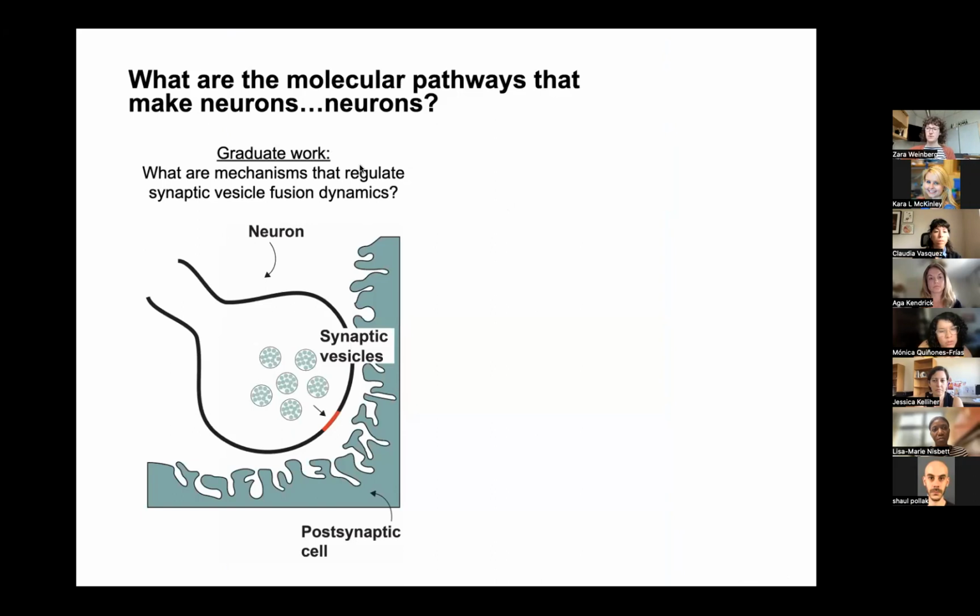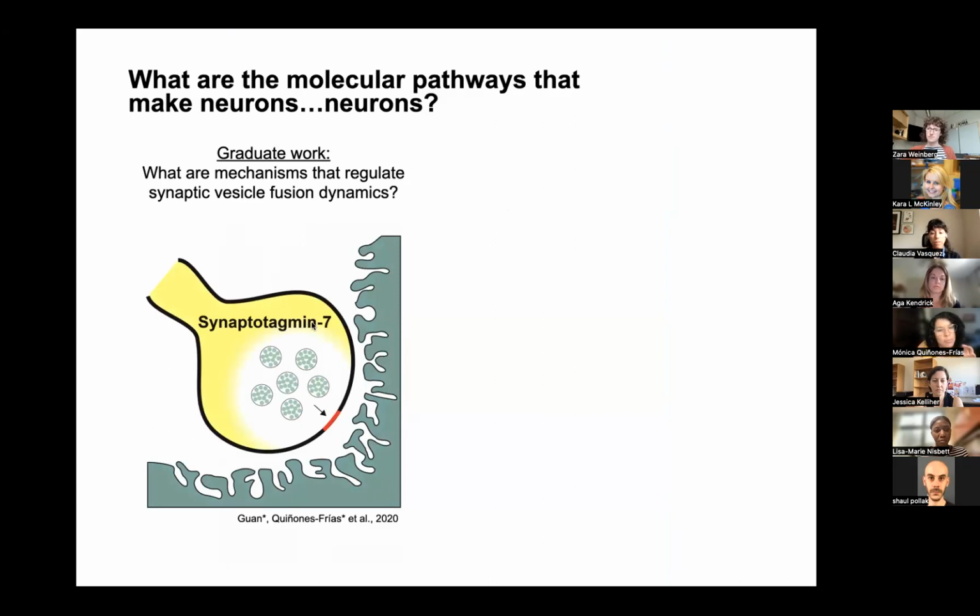During my graduate work, I studied mechanisms that regulate synaptic vesicle fusion dynamics. I discovered that the levels of a protein called synaptotagmin 7 at synapses tightly regulate neurotransmission. I also discovered that this protein is not on synaptic vesicles or the sites where vesicles typically fuse, but instead it's on a compartment away from it.